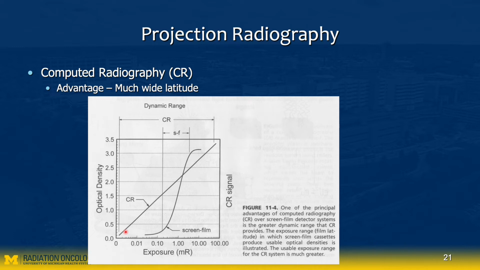So the usable optical density is very wide. Well, this is a good thing, but if you're not careful, you end up irradiating more, because when this was introduced, therapists figured it doesn't really matter how much exposure, you still get a good image. So if you're not careful, you end up using higher dose. So this is an advantage, but we have to be careful at the same time.